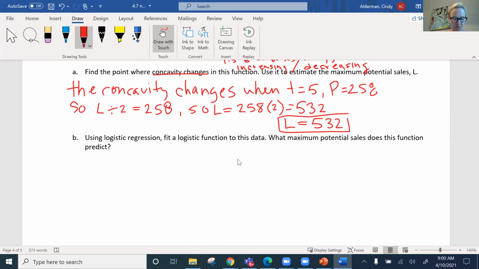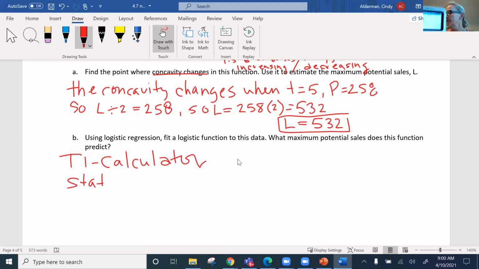Okay, so this is how you do it in your calculator. You're going to hit the stat button. Let me do that on my calculator to see if you guys can see it. Okay, so if you hit the stat button, there we go. The stat button is just below the delete button.